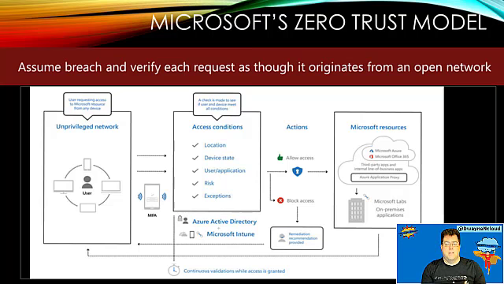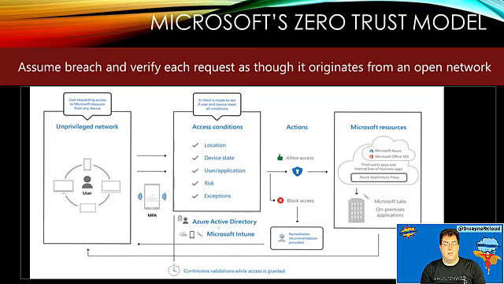You can see in this chart how that works, and it works within many different scenarios. It looks at what network they're on, who they are, and if they are on an unprivileged network, requiring things such as multi-factor authentication, which we'll talk about in a minute.